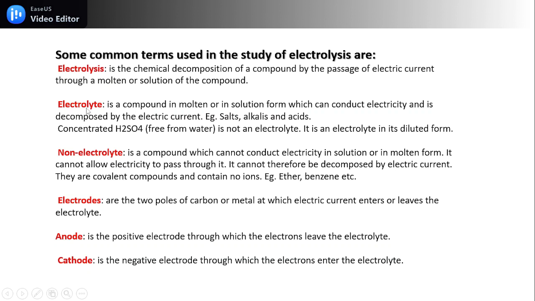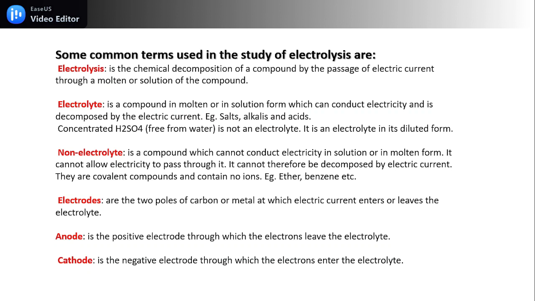Okay, so an electrolyte is a compound in molten or in solution form which can conduct electricity and is decomposed by the electric current. When the electric current passes through the electrolyte, the compound in molten or in solution form, it decomposes.